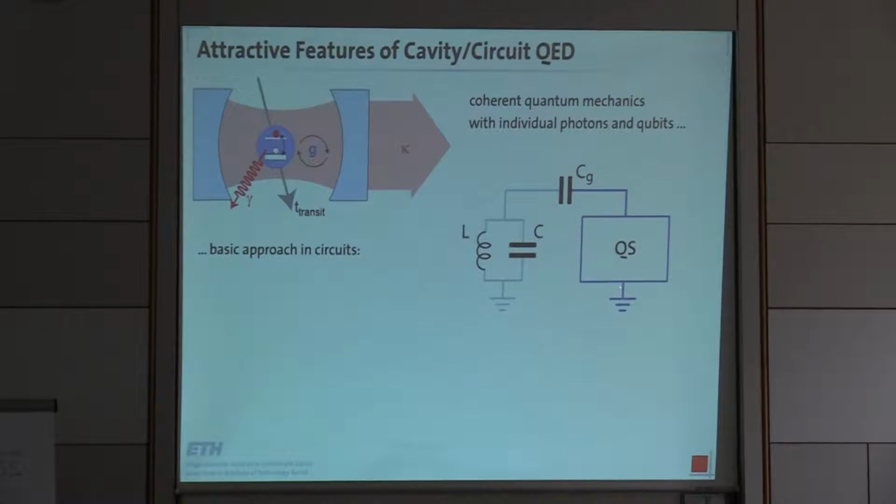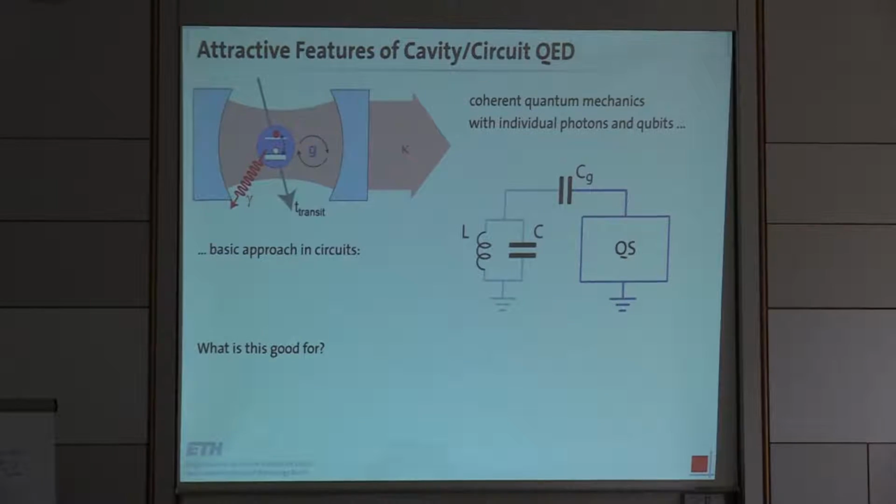The way you couple it to a quantum system of your choice, which could either be a superconducting qubit or a semiconductor quantum dot, is you fabricate a large capacitor between the two. If this capacitor is large enough, you should be able to make sure that the coherent interaction between photons living in this harmonic oscillator and excitations in this other quantum system that you're interested in are overwhelming any decohering effects like the losses that I've mentioned before.